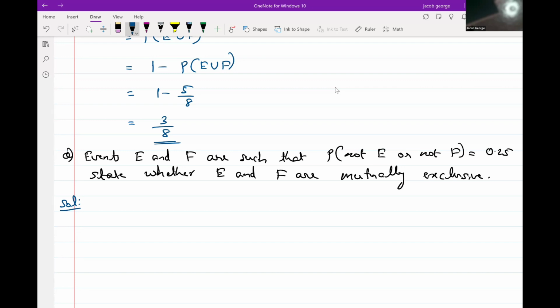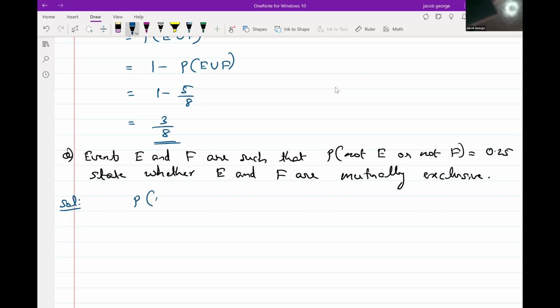State whether E and F are mutually exclusive. You know, for mutually exclusive events, E intersection F must be null set, or probability of E intersection F must be 0. How can we do this?